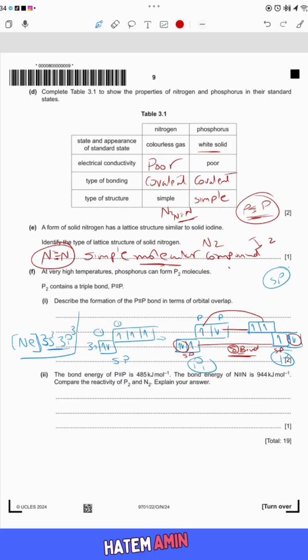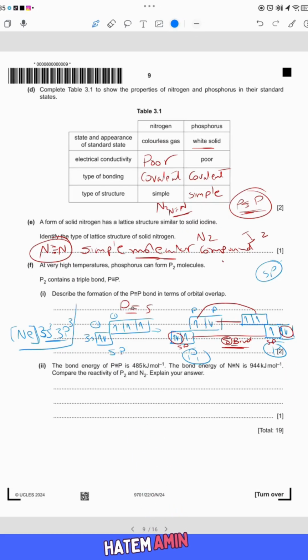So of the triple bond between phosphorus and phosphorus, one is a sigma bond, between phosphorus and phosphorus in the hybridized subshells. And the other two are pi bonds. That one is a pi bond, and this one also is a pi bond.